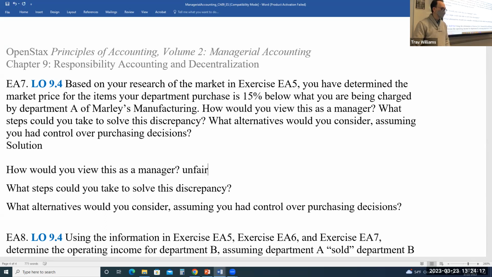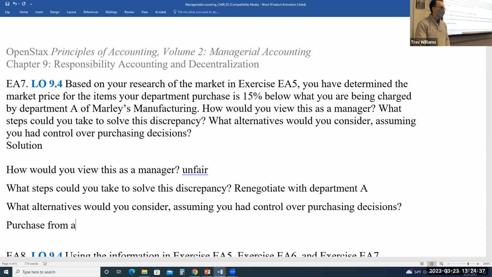I would say unfair. What steps could we take? Either, well, we could renegotiate with Department A. And if we have control on where we purchased, maybe purchase from an outside supplier. Right?